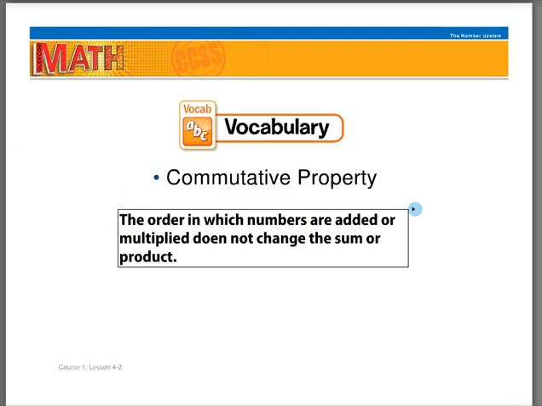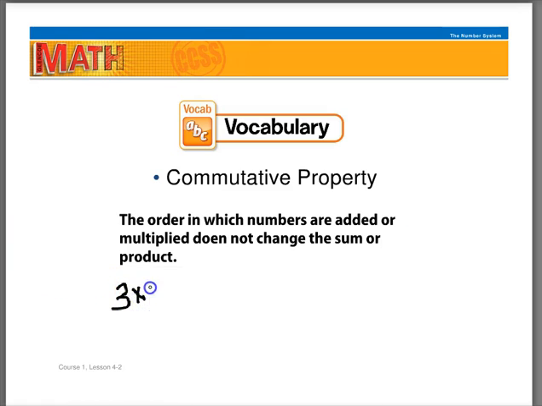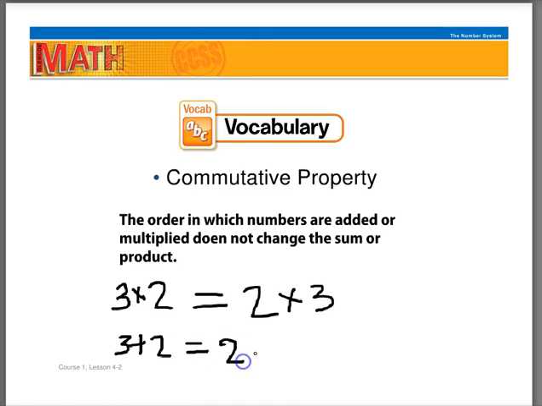So what that means is I can take 3 times 2 and that equals 2 times 3. They're the same. I get 6 for both of them. I can also do 3 plus 2 and that equals 2 plus 3. Both of your answers are 5. So the order in which numbers are added or multiplied does not change the sum or the product.